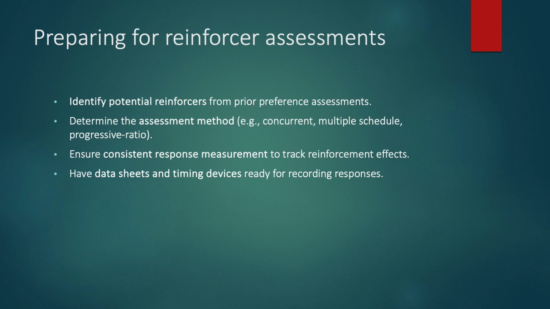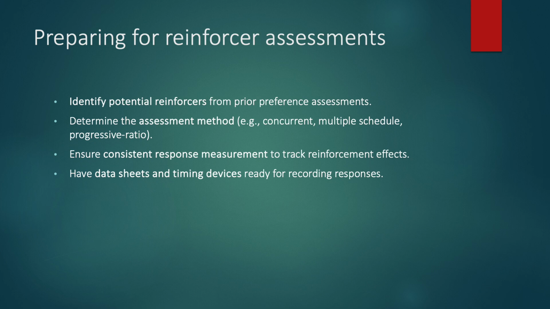I do want to mention that you don't have to conduct a reinforcer assessment all the time after you conduct a preference assessment, but people opt to conduct reinforcer assessments usually if they're conducting research and they really want to know if a stimulus functions as a reinforcer, or we also conduct reinforcer assessments when we know that something is a preferred item, but we're not entirely sure if it functions as a reinforcer.